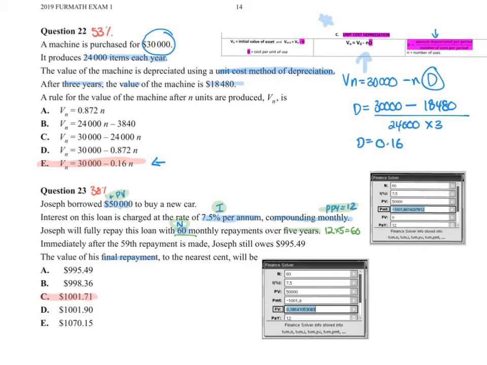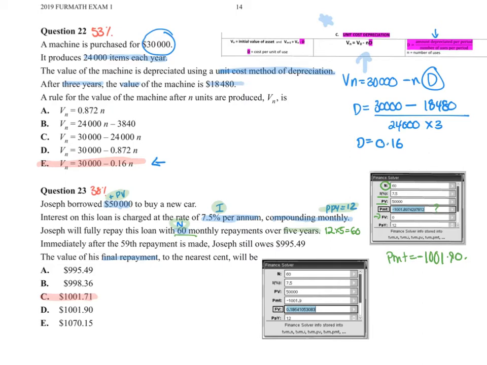So if we go through Finance Solver and we find that first. So we go N is 60, I is 7.5, PV, a positive. Payment's going to be the question. FV, so if he was paying this loan off, it would be 0, and PPY is 12. So we get that the payments are actually $1,001.90.